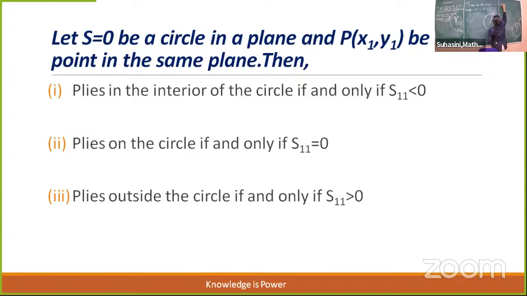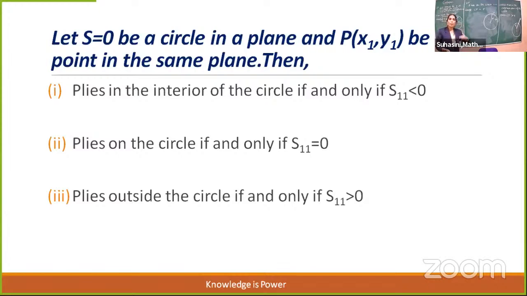Case 3: if P lies in the exterior plane of the circle, then that point is outside the circle if and only if the distance CP is greater than the radius.